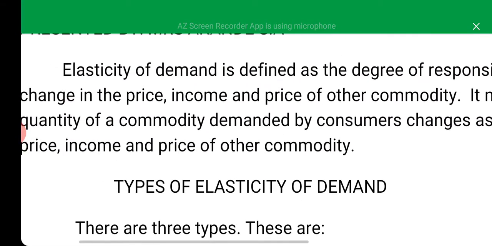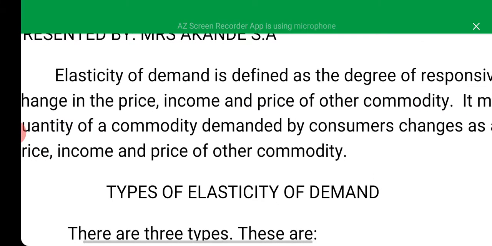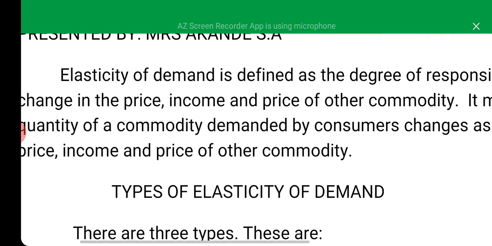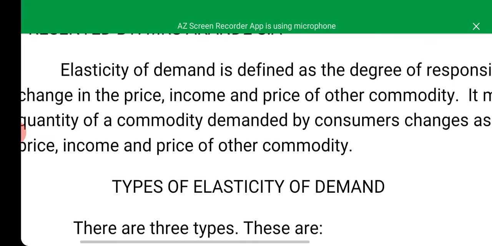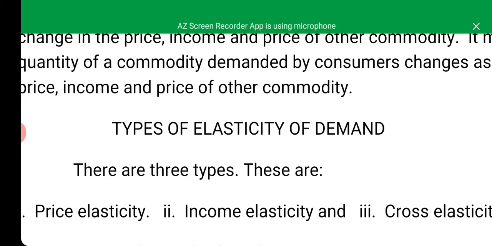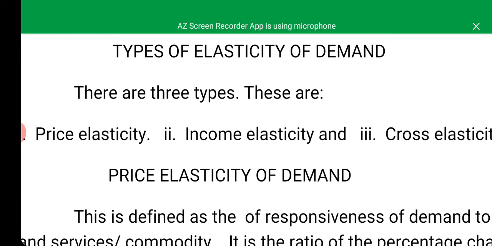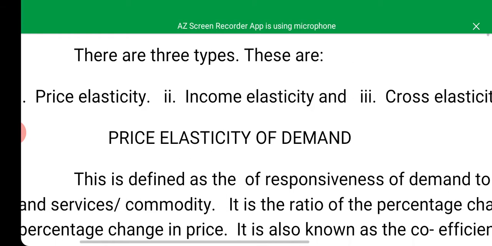That is the degree of responsiveness of demand to change in the price, that is price elasticity of demand, income, then income elasticity of demand, and price of other commodity, and that one is referred to as the cross elasticity of demand. So let's look at the types one after the other.